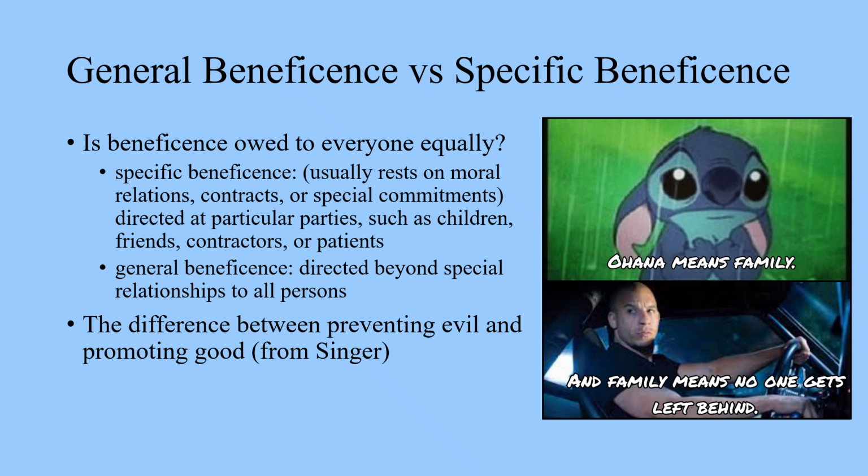Ultimately, your responsibilities are going to be with the patients that you interact with, and so it makes more sense to make sure that we are meeting our specific beneficence obligations to the people within our proximity that we interact with on a daily basis.